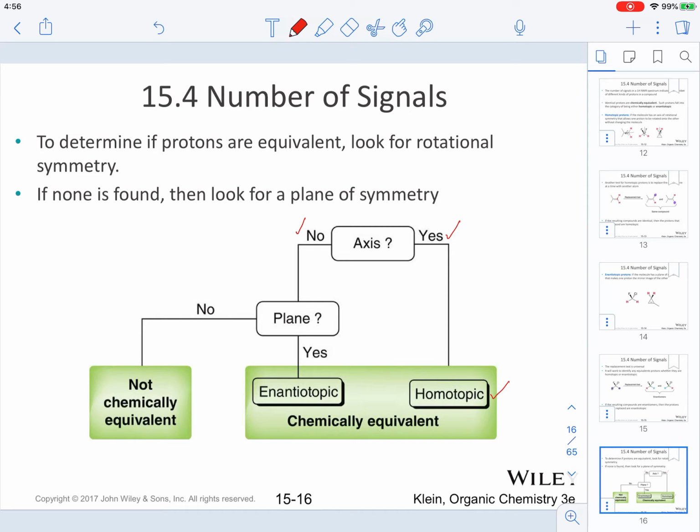If it has a plane of symmetry, then you have enantiotopic protons. Now, if that plane of symmetry does not exist in the molecule, then the protons are not chemically equivalent. Because remember, homotopic and enantiotopic protons specifically are going to be chemically equivalent. So when we look at it in terms of a signal at the level of the NMR, they are going to be illustrated as one signal.